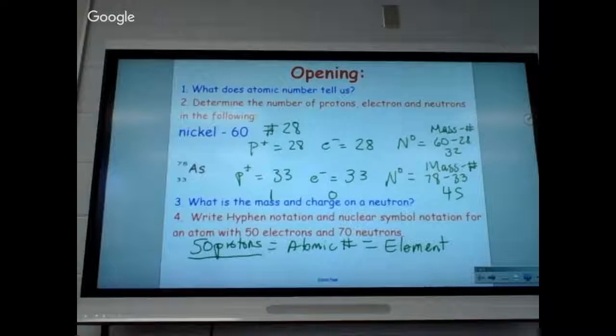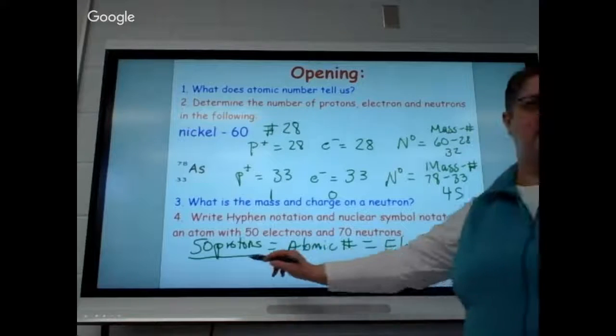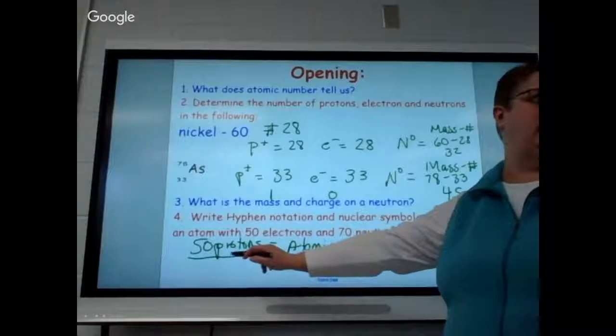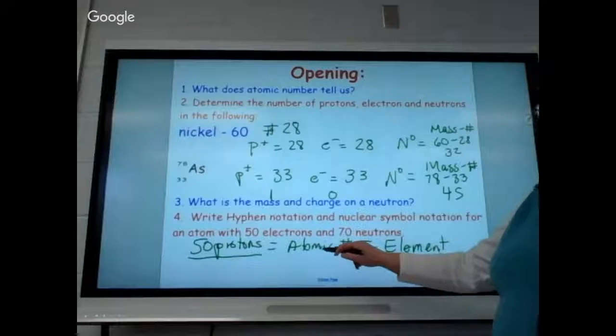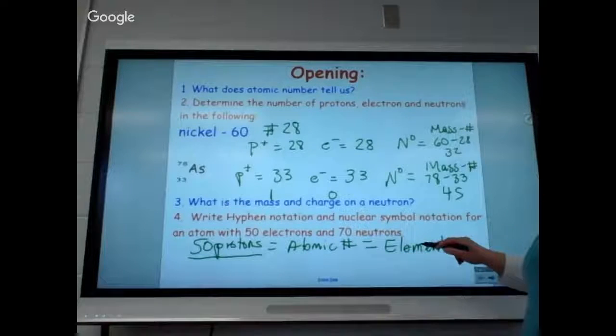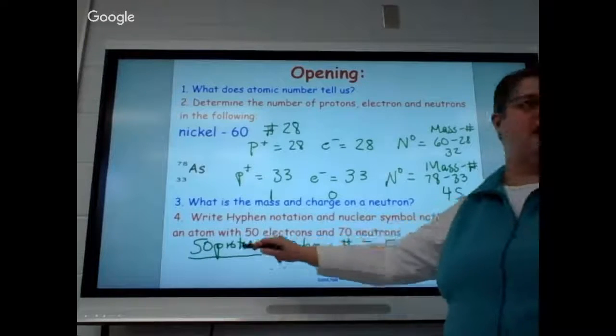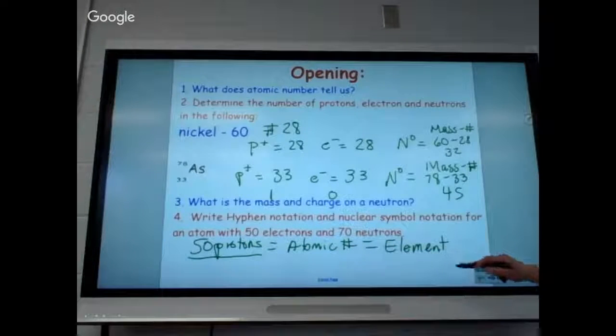So she's already got the periodic table in her hand trying to look up the element, because she knew the protons were 50. That told her the atomic number, and so she's already scanning the periodic table looking for the element. So the protons are the atomic number, and the atomic number is the element. Everybody got that? So what element did you find?